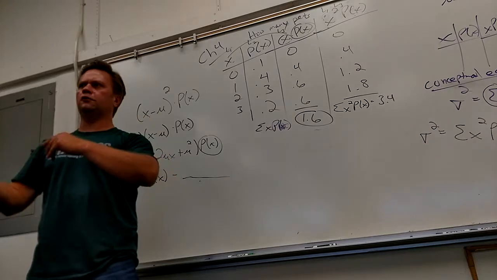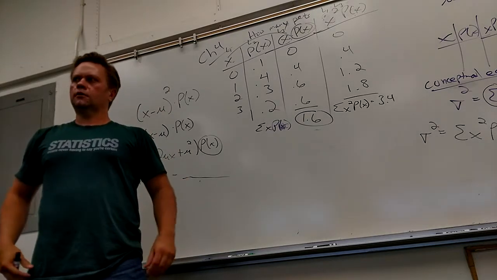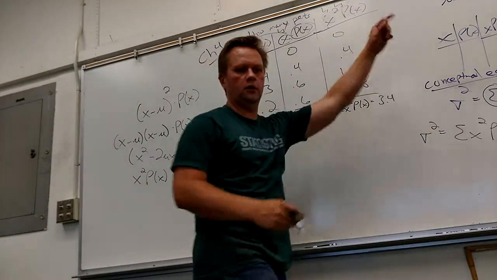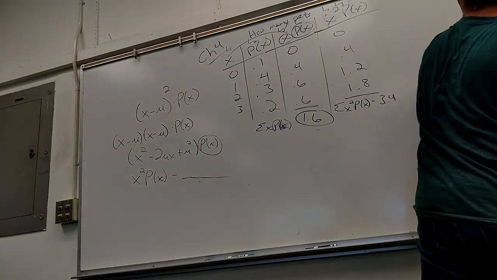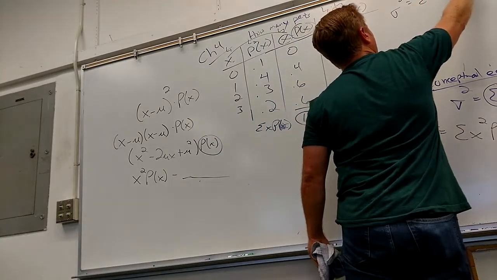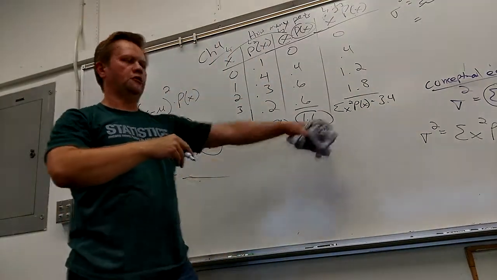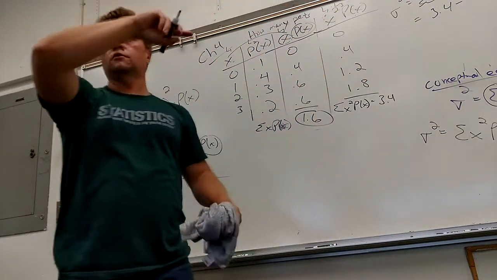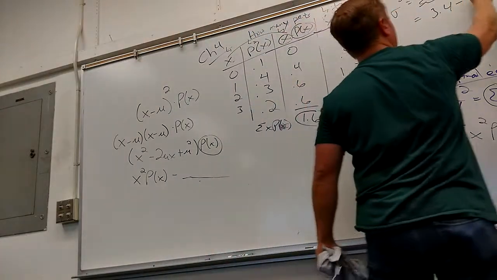Now, is that the variance yet? No. So just like before, I've got to take the number and put it into the formula, right? So here's the formula. What do I replace this with? 3.4 minus 1.6 squared.